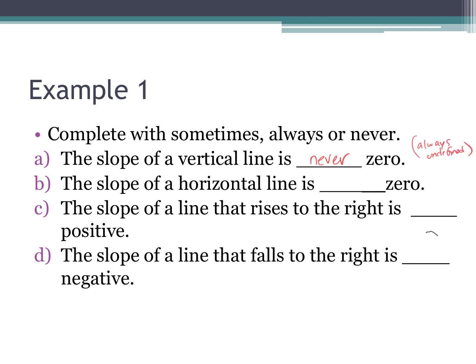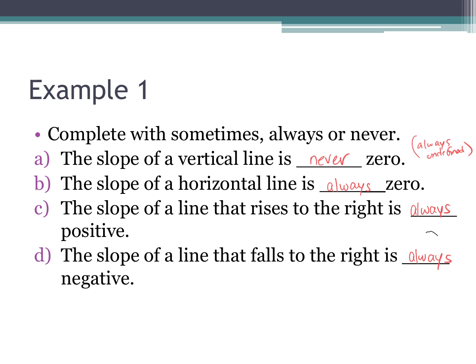The second one: the slope of a horizontal line is always 0. The slope of a line that rises to the right is always positive. And the slope of a line that falls to the right, which means as you go from right to left, it goes down, is going to be always negative.